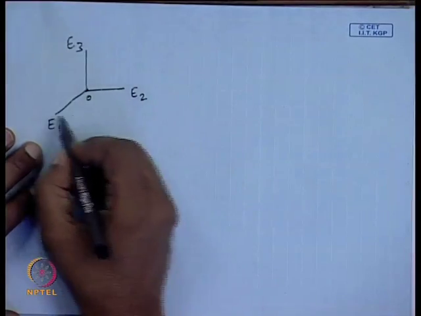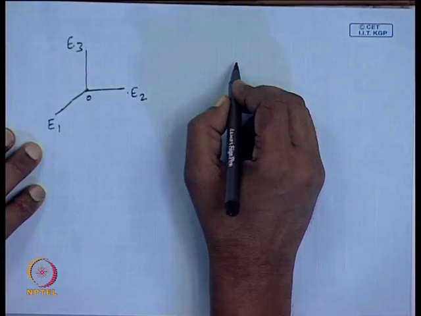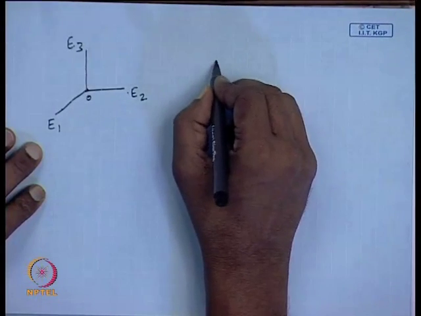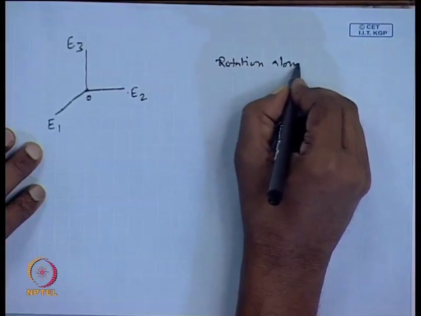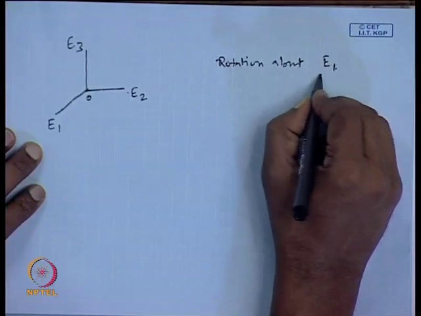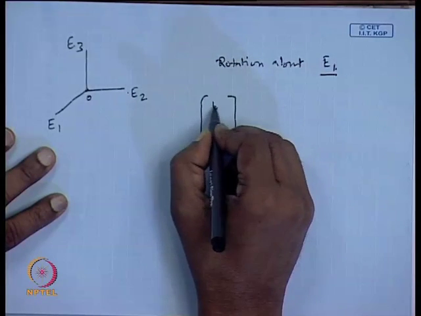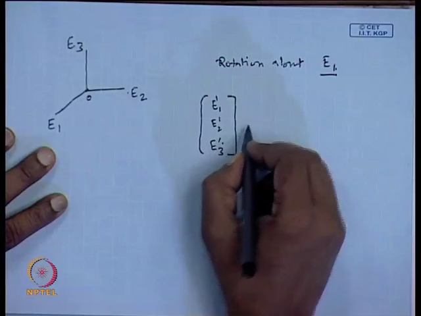So, if we rotate about E1, E2 and E3, simply we can write as rotation about E1, it can be written as E1 prime, E2 prime, E3 prime.